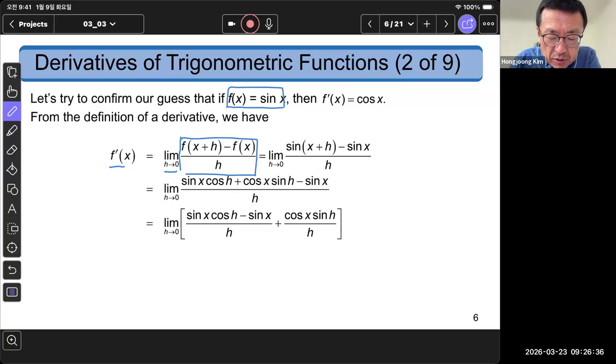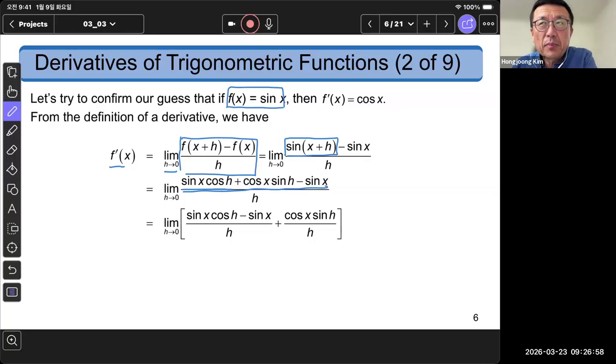Now, in case of sine of x plus h, we learned a formula that can be expanded to sine x times cosine h plus cosine x times sine h. So we have these three terms in the numerator and h in the denominator.